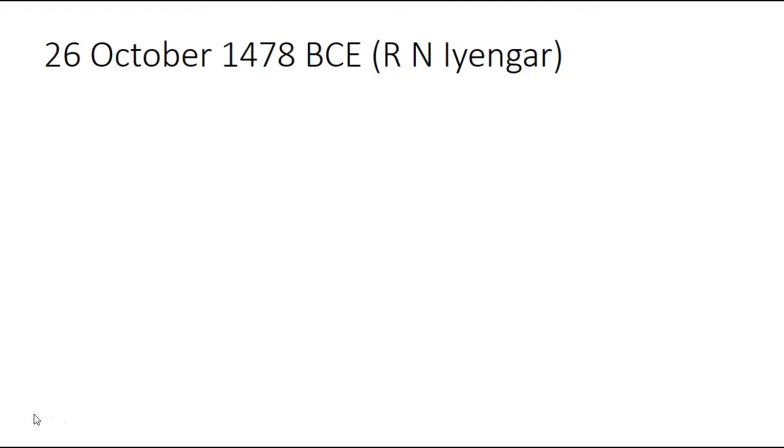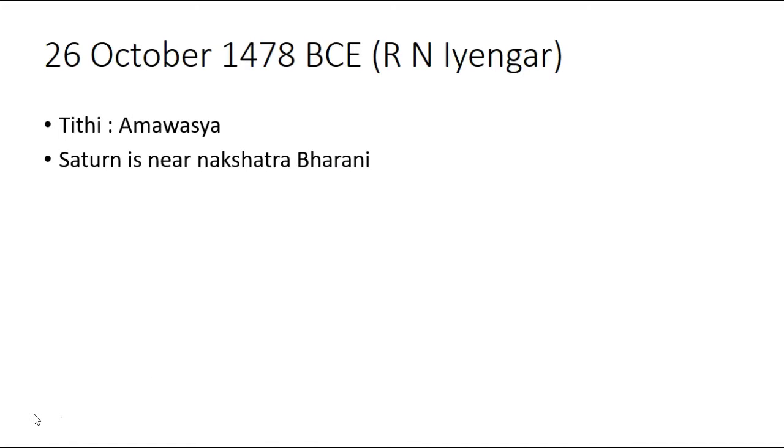In any case, again, remember, Saturn moves very slowly. It's going to be essentially in same place over a short period of time, and by short period of time I mean 1 to 2 to 3 years. So it does not affect our analysis. Tithi was that of Amavasya, obviously assuming 26th October as the first day. Saturn was near Nakshatra Bharani. So Bharani, Kritika, Rohini. So close to Rohini but not at Rohini.